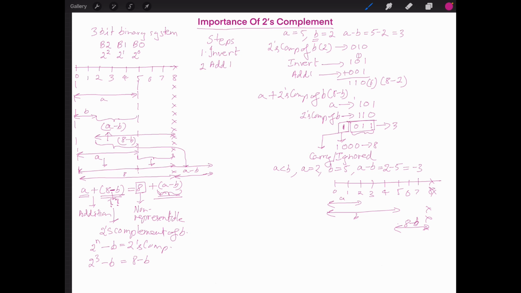So let's take the 2's complement of B in this case, right? B in this case is 5. So binary-wise it is 1 0 1. Let's invert all the bits first. That would be 0 1 0. Let's add 1 to it.